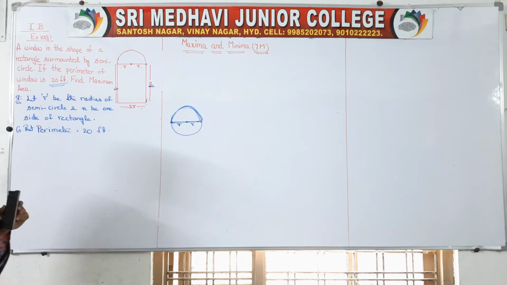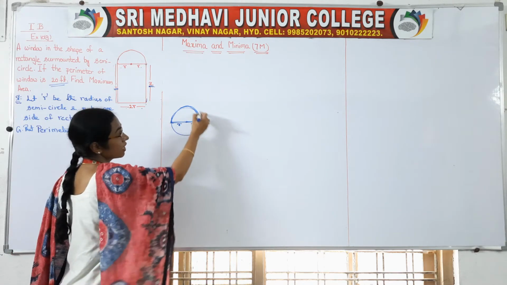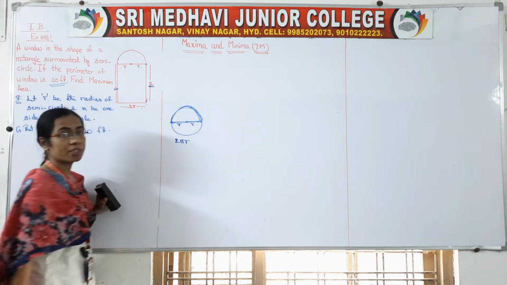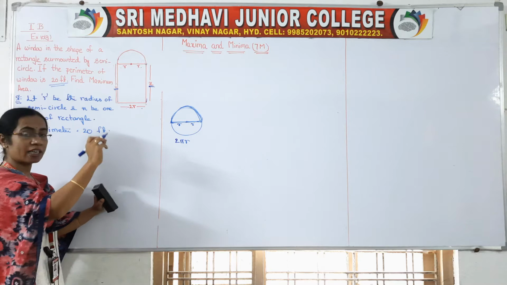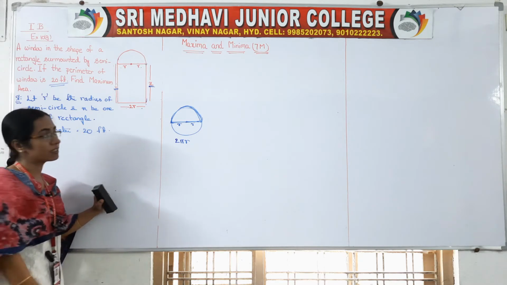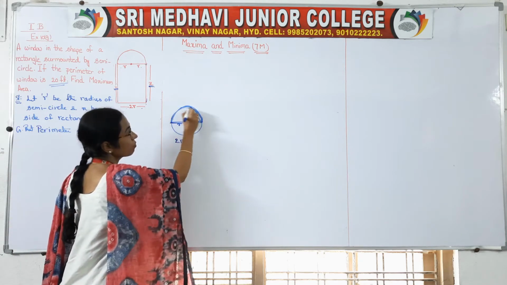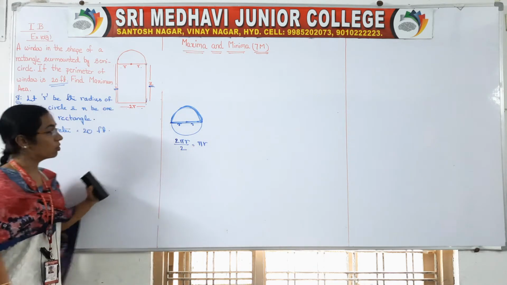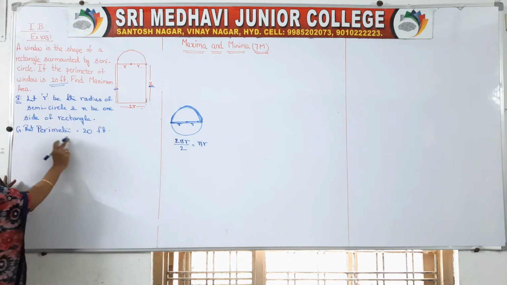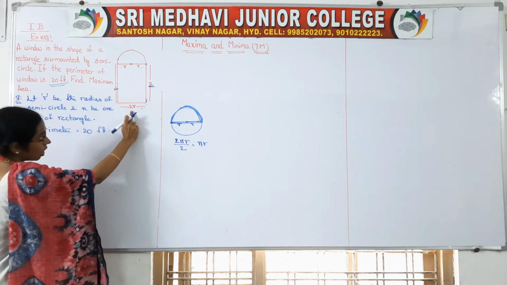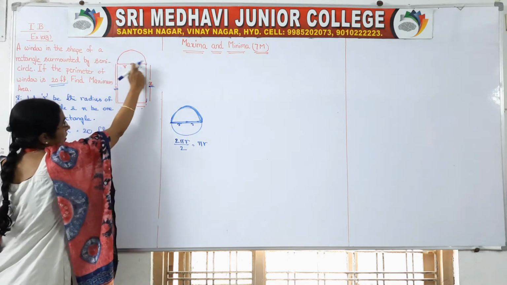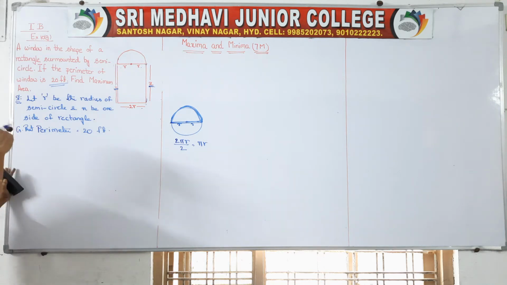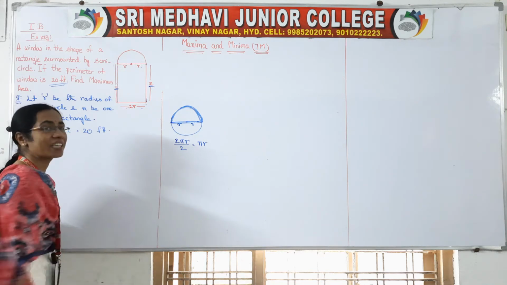The circumference of the circle is 2 pi R, but we are taking only the semicircle, so divided by 2, that is pi R. So your perimeter is X plus 2R plus X plus this length, that is pi R.